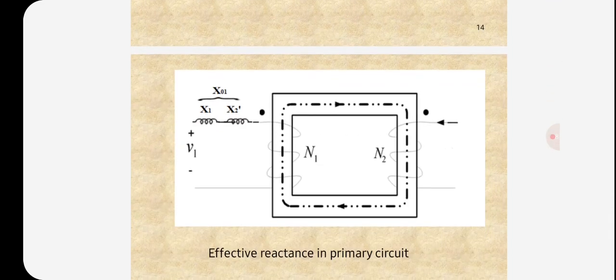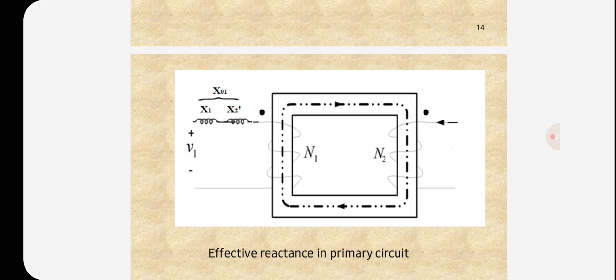So in this, referred to the primary, when secondary leakage reactance is transferred to the primary side, it is divided by k square, then it is known as equivalent secondary reactance referred to primary and is denoted by x2 dash. Equivalent secondary reactance referred to primary, x2 dash, is equal to x2 by k square.